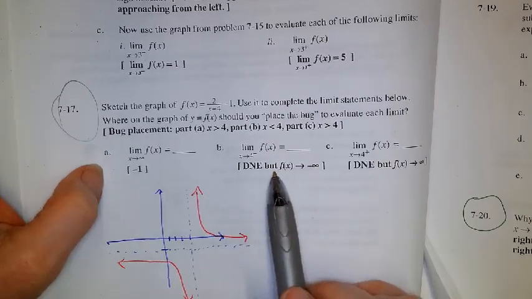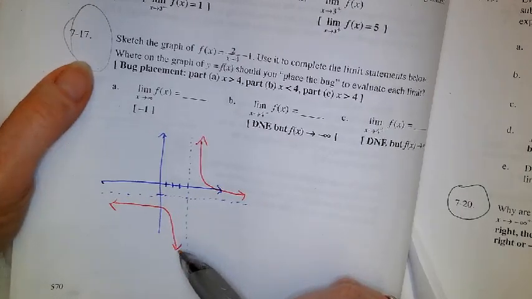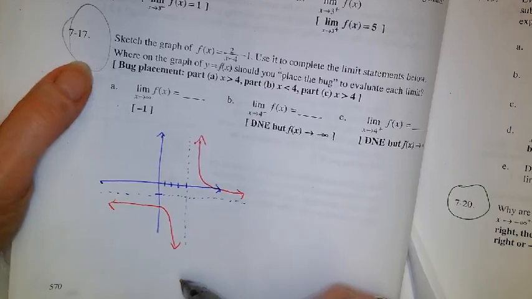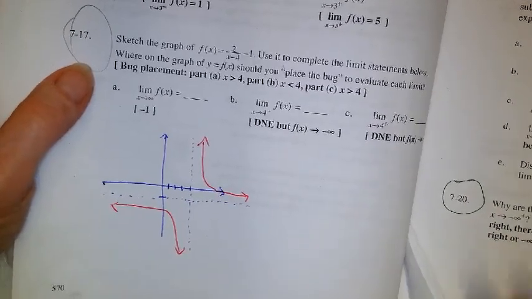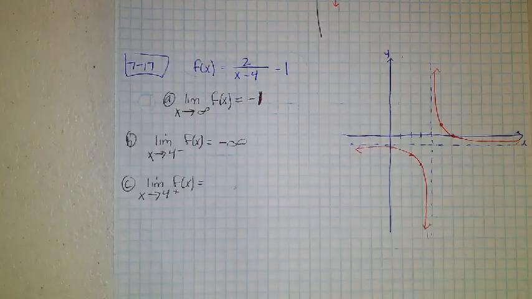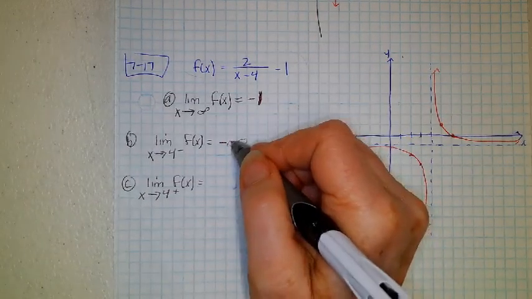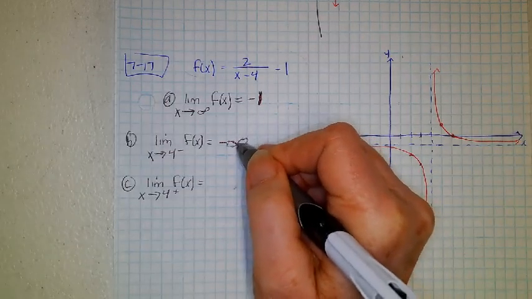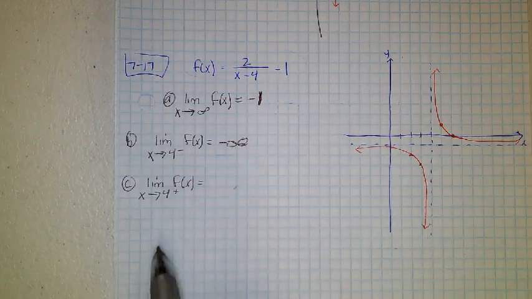But the reason they're saying it does not exist is because as you go to -infinity, you will never ever get there. You can never get to -infinity, so I guess that's why it doesn't exist. So you'll see that in your book. If you wrote -infinity, I wouldn't mark it wrong. If you wrote DNE, I wouldn't mark that wrong either. I'm probably going to stick with the infinities.